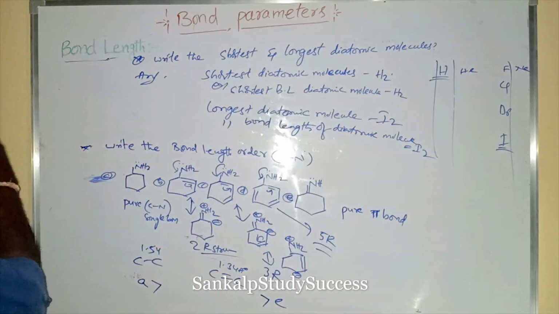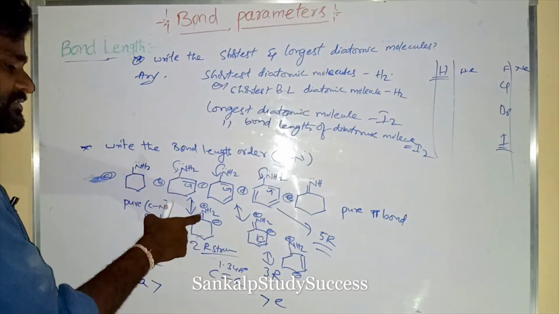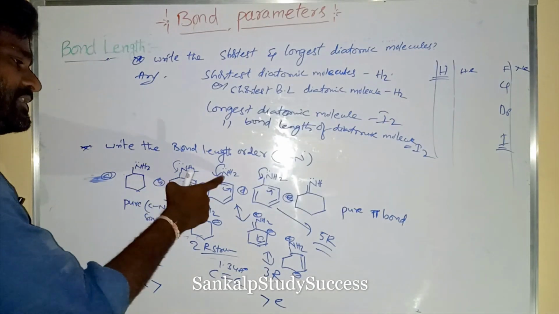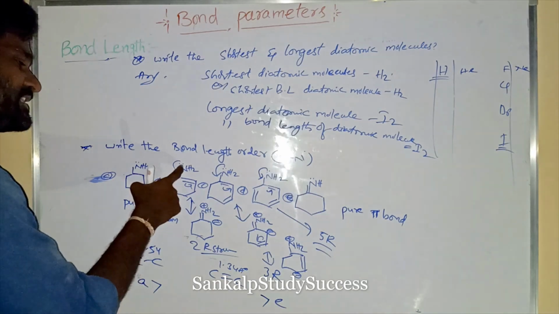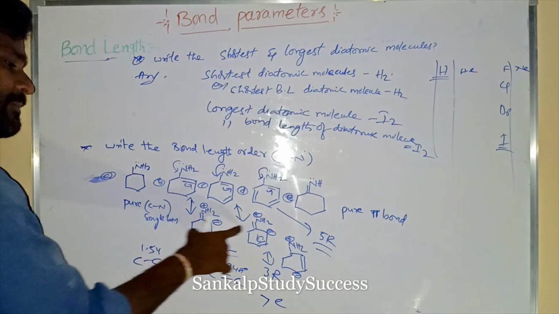But in the resonance structures, the single bond converts to a partial pi bond. So in B, C, D, the C–N single bond converts to a partial pi bond.